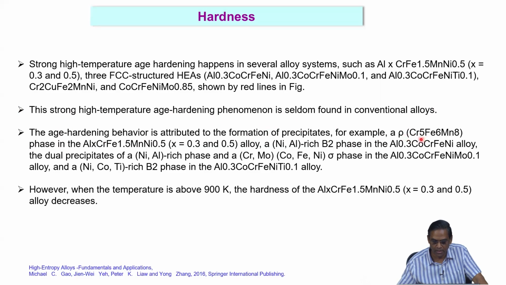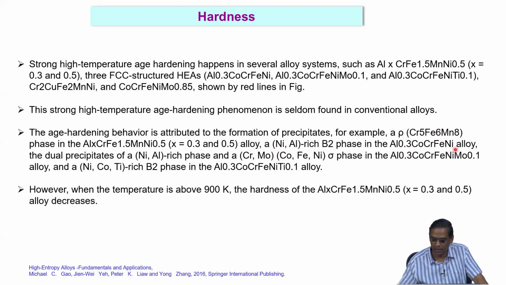What kind of precipitates? You have a rho phase. The rho phase is the Cr5Fe6Mn8 phase in this aluminum, chromium, iron, manganese, nickel high entropy alloy. And then you have a nickel aluminum rich B2 phase.